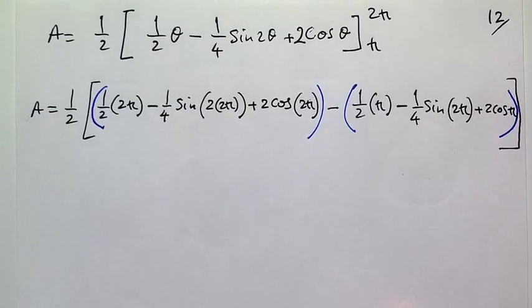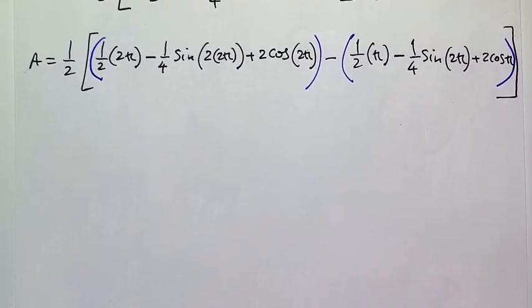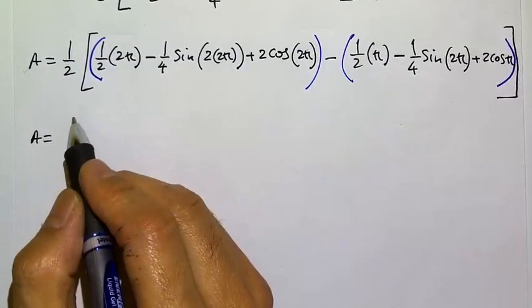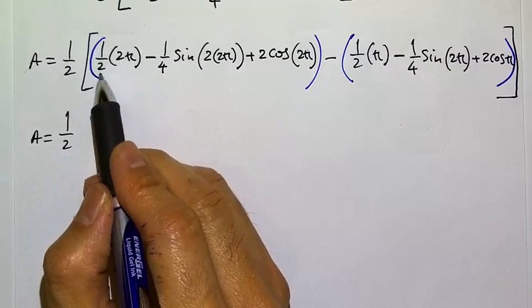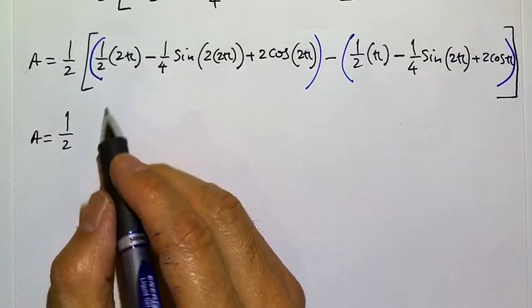Okay, so what do we get after evaluating each term? We get, so 1/2 on the outside, 1/2 times 2 pi, that's just pi.